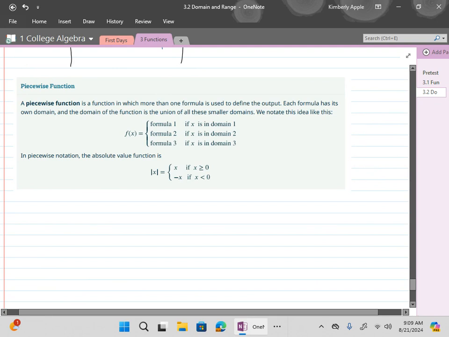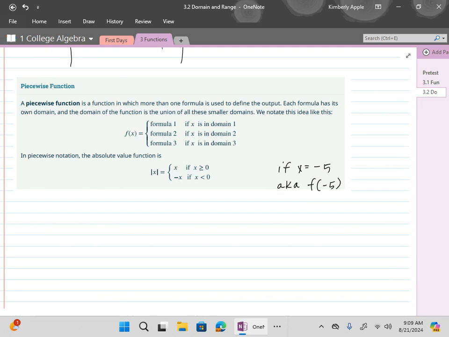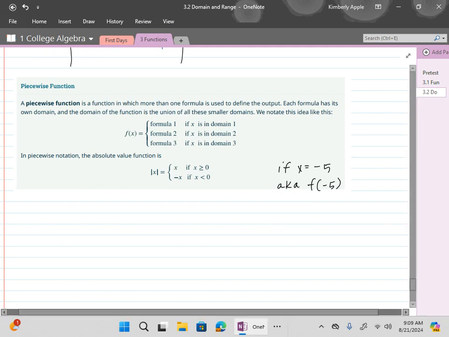So let's use an example. Let's say x equals -5. Tell me f of -5 for this function. Well, -5 is the input, so I look at where this input of -5 falls to figure out which rule to apply.